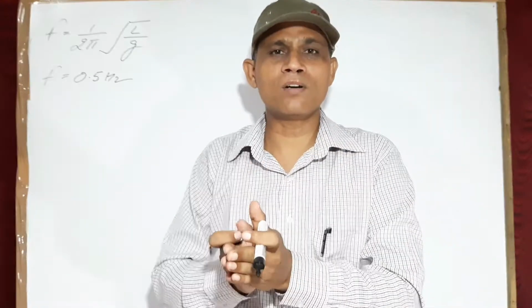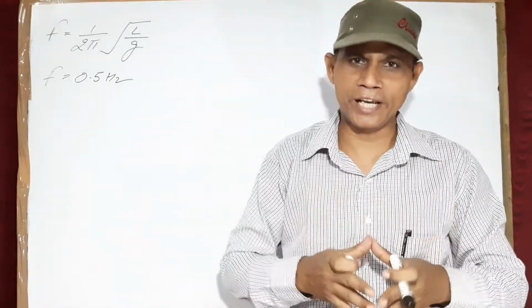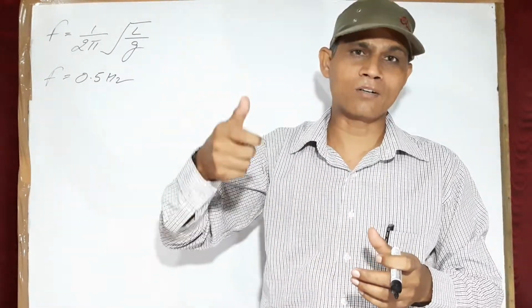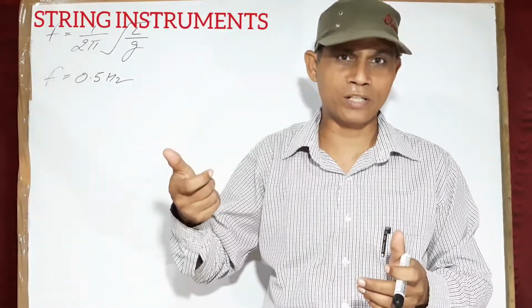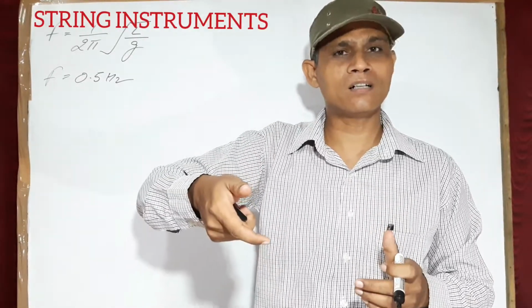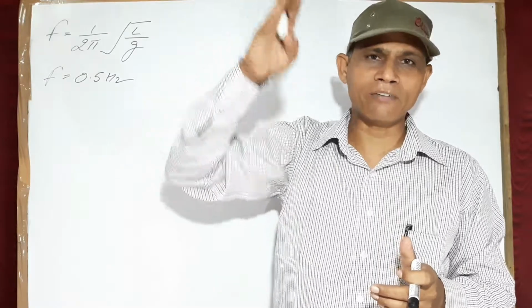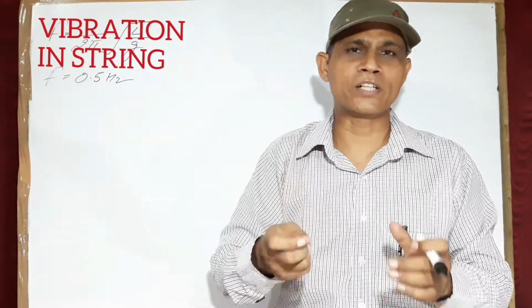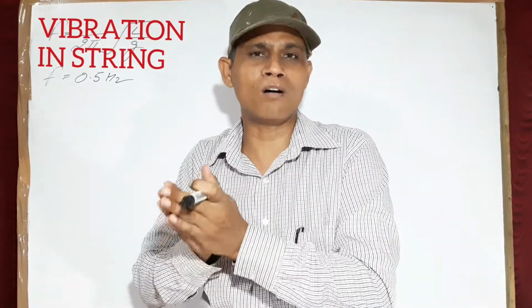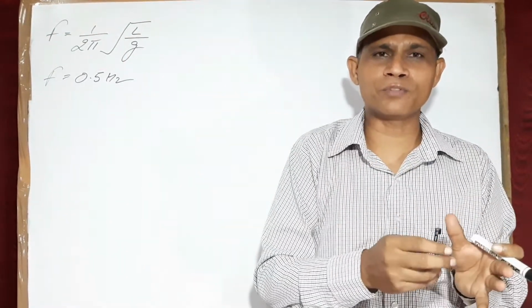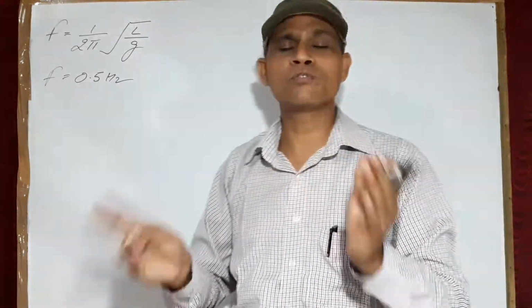The next example of free oscillation is when you have a guitar or a sitar, a stringed instrument, and you pluck the wire or the string of that instrument. The vibration produced in that string instrument is also an example of free vibration. The frequency of that wire depends upon certain factors.